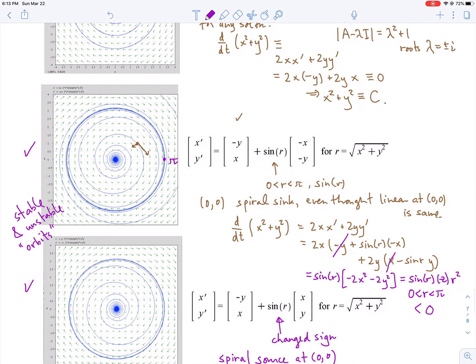And in this middle picture, you can see, and it can be proven, that if you happen to start with an x naught whose distance to the origin was anything between 0 and pi, or anything between pi and 2 pi, then as t went to infinity, x of t would actually converge to this circle of radius pi. And so the circle of radius pi is a stable orbit.